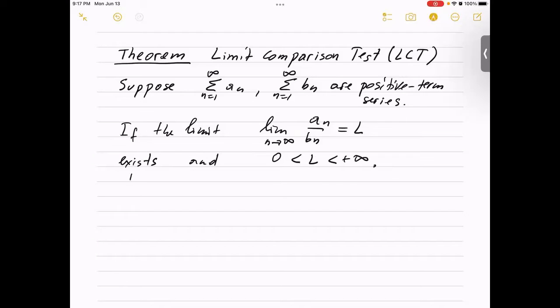Then the conclusion of this theorem is that either both series converge or both series diverge.